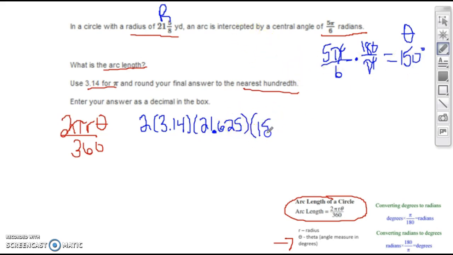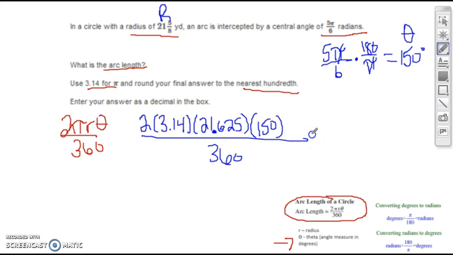And then theta is 150 degrees all over 360. So we just multiply that puppy out. And if I didn't state this very clearly, when I converted that fraction to a decimal, all I did was take 5 and divide it by 8, in case that step confused you.